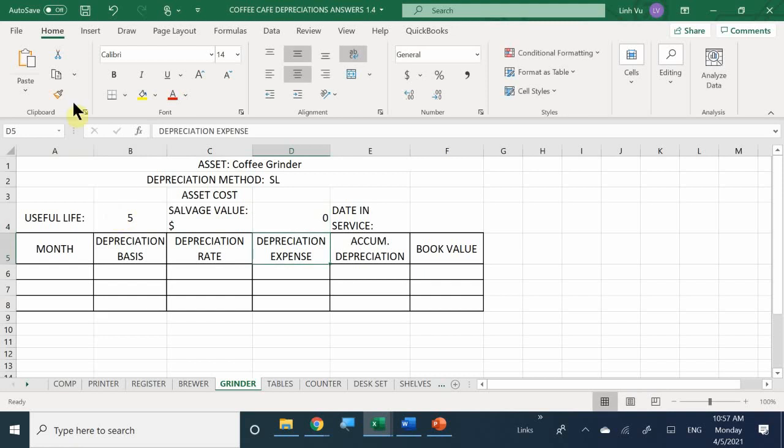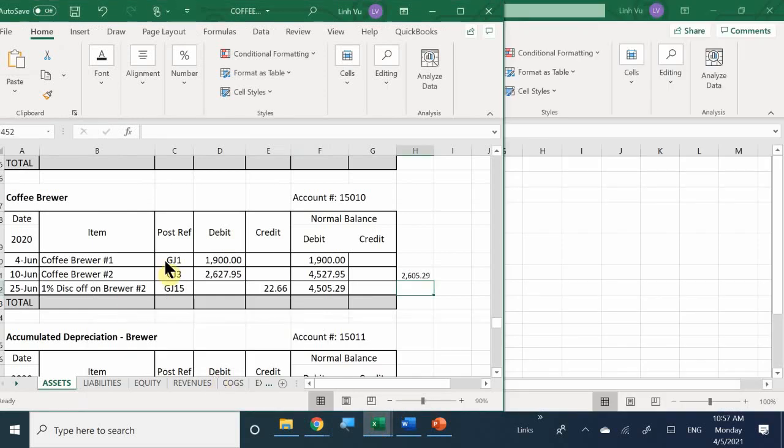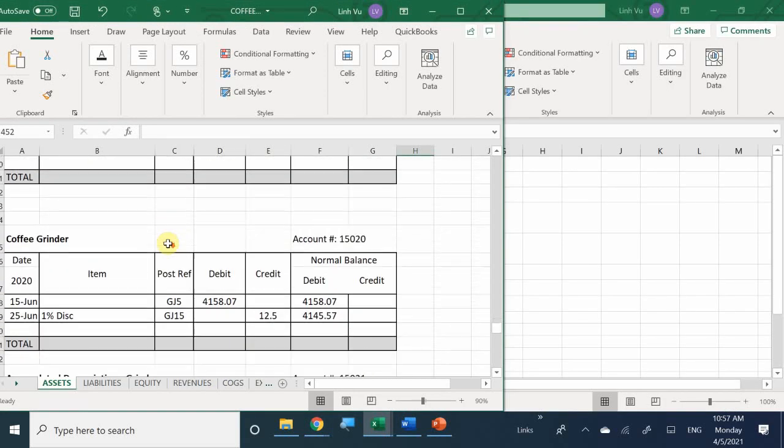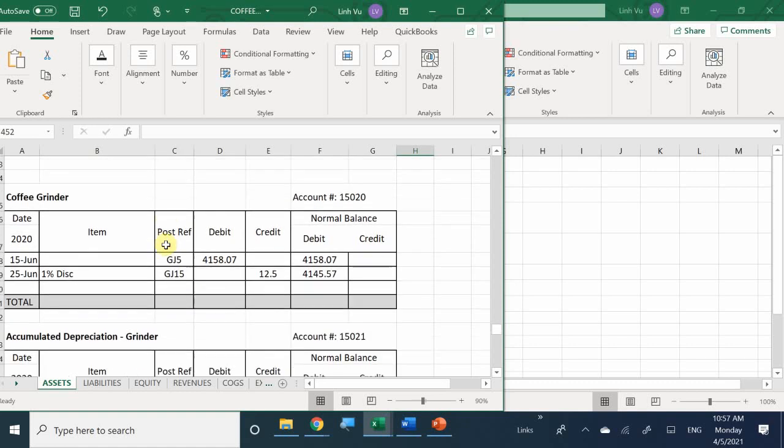Okay, so now let's go to our ledger to find out how much my coffee grinder was and when did I purchase it. So here, my coffee grinder. All right. When did I place it into service? June 15, right? Just because we bought the coffee grinder and we plugged it into the wall, it has to be when you place it into service, right?